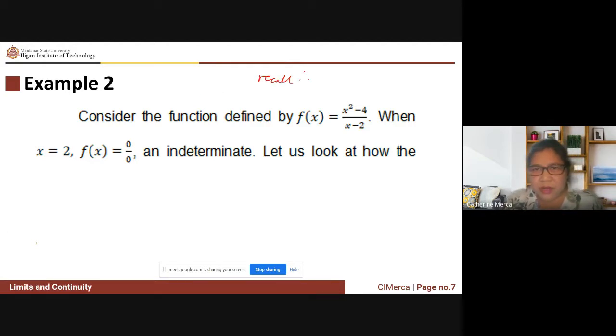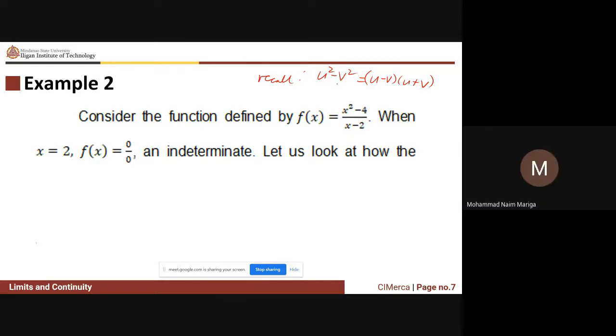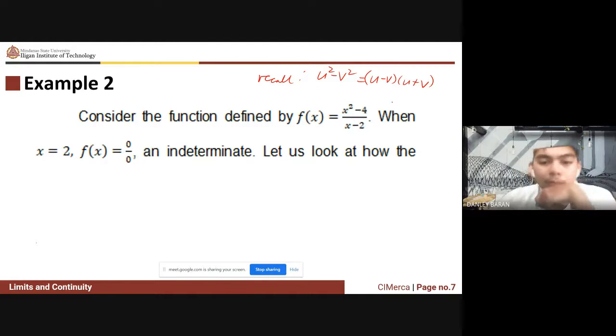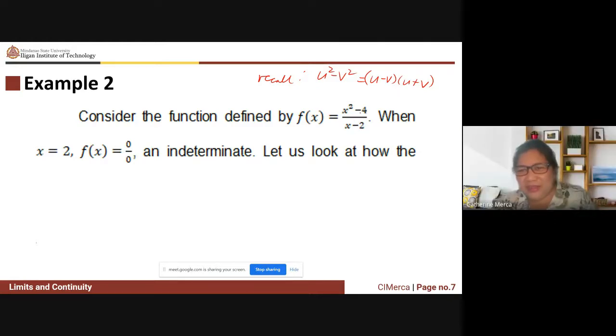So recall, your special product formula is, if you have u squared minus v squared, the factors are u minus v times u plus v. Can you still remember this formula? Yes, ma'am. So let us make use of this formula in this one.